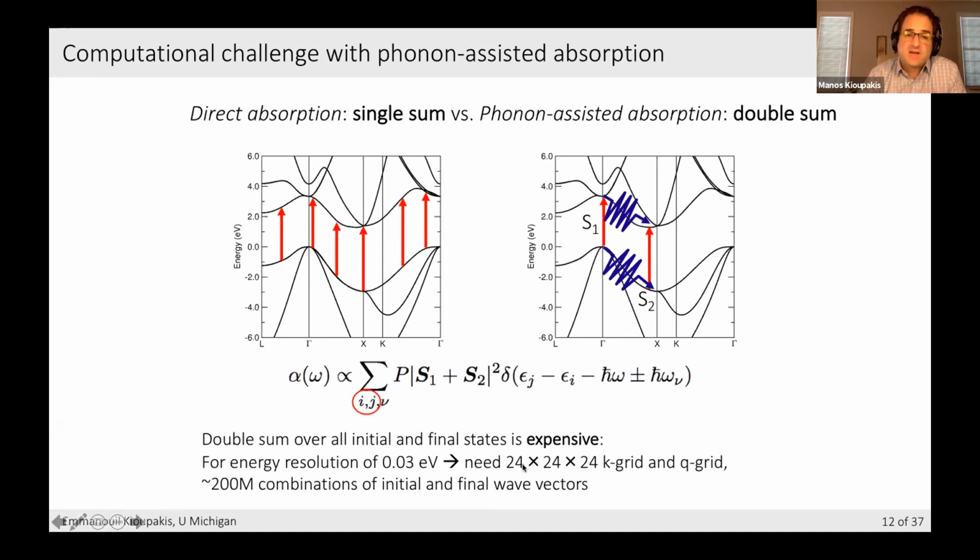But the double sum is the expensive part, because if you need a good energy resolution for the spectra, you need to sample the Brillouin zone with quite decent resolution, grids on the order of 24 by 24 by 24 or something, or even finer. So as a result, you end up with hundreds of millions of combinations between initial and final states. And that's the challenge. If you have to do this brute force, you can't do this even on the world's best supercomputers.